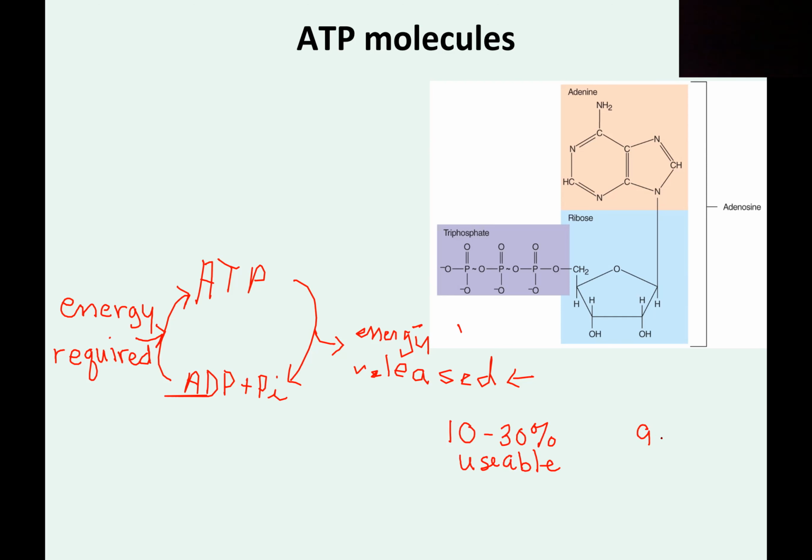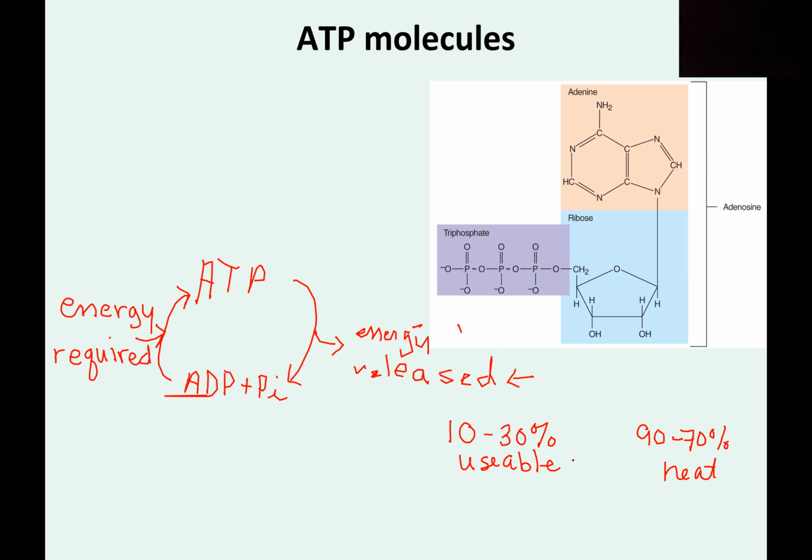The other 90 to 70% becomes heat. And that goes back to physics and chemistry, the laws of what we call thermodynamics. Part of it's always going to become heat, and in our case, most of the time.